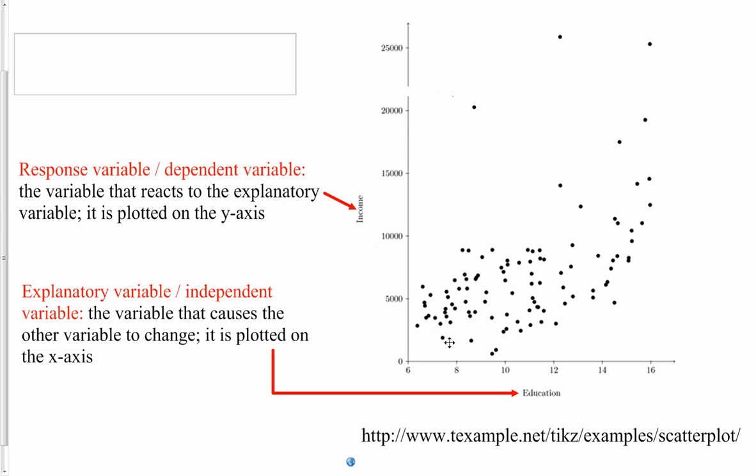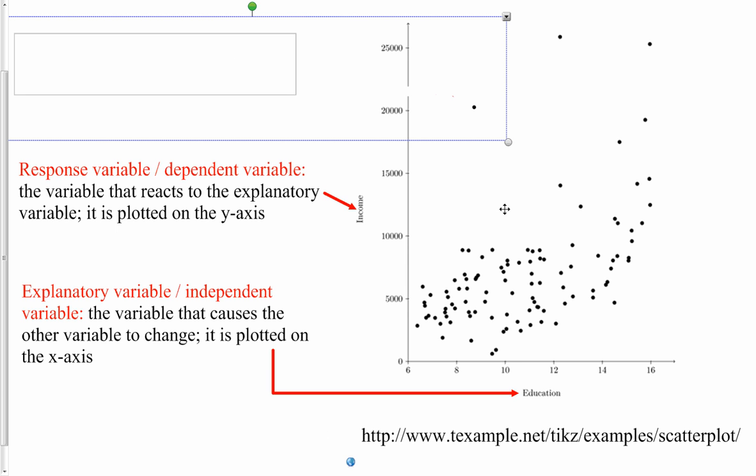Now, remember that there are some scatter plots where the variable on the bottom on the x-axis does not necessarily cause the y variable, so you have to be careful with this. But when the level of education is presumed to cause your income or determine your income or predict your income, then you would say you have an explanatory variable as your x variable and a response variable as your y.